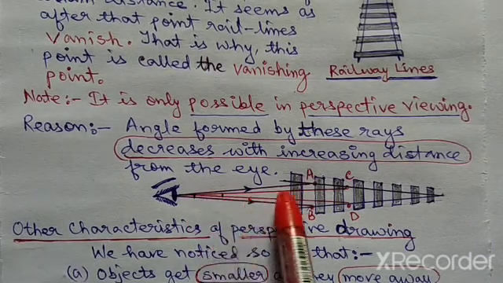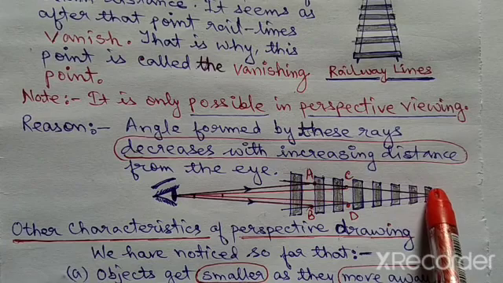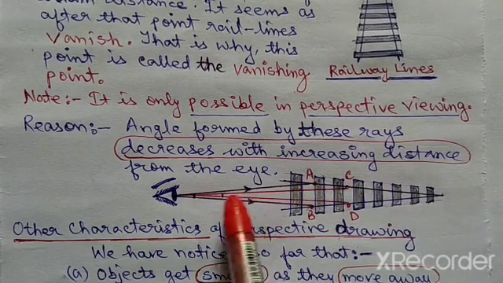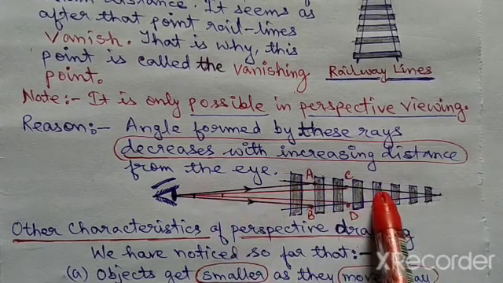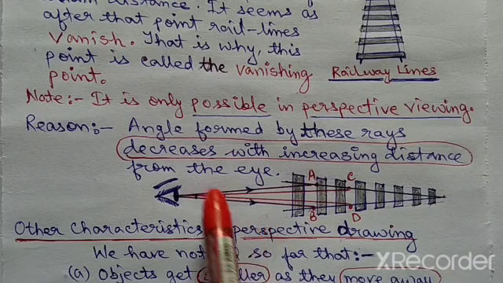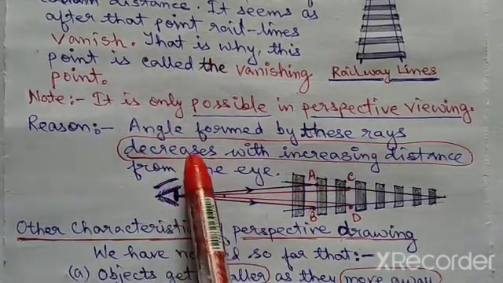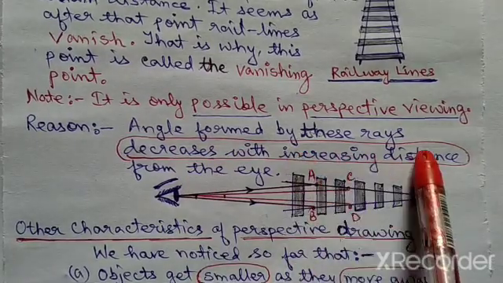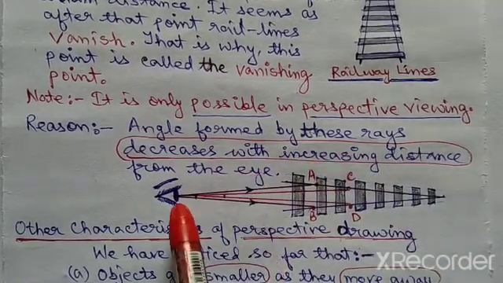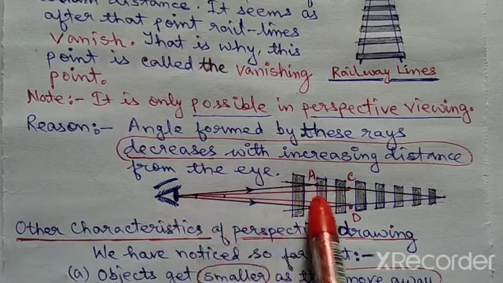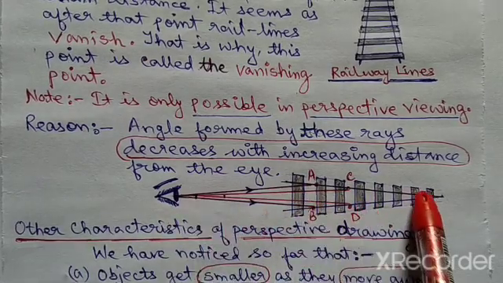So as we do like this up to here, what do we see? These two rays are coming closer and closer. That is why the angle formed by these rays decreases with increasing distance from the eye. So as we go in this direction, what do you see?